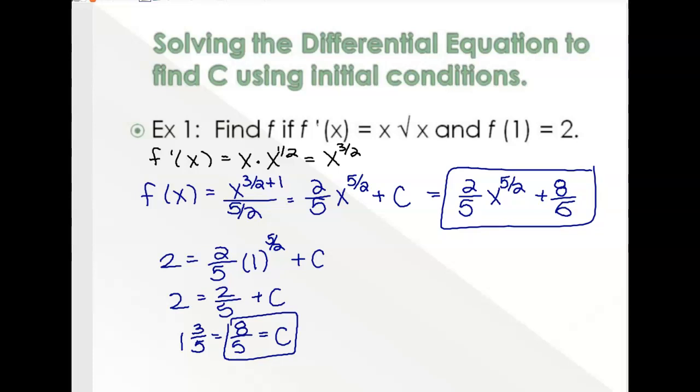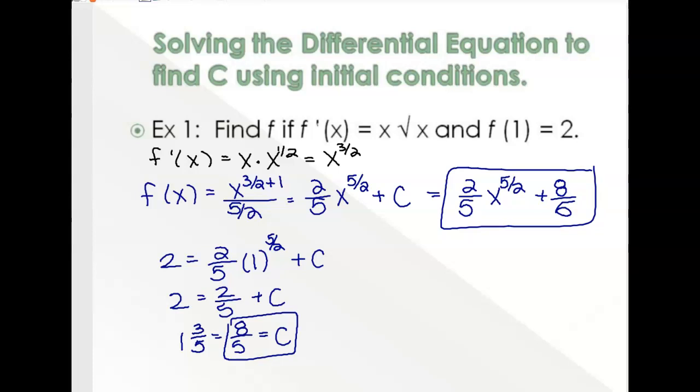So what that really means is f prime of x is equal to x times x to the 1/2. But a rule of thumb is that if you have like bases, you can add their exponents. So it's really like an exponent of 1 and an exponent of 1/2. So this is really like saying f prime of x equals x to the 3/2.